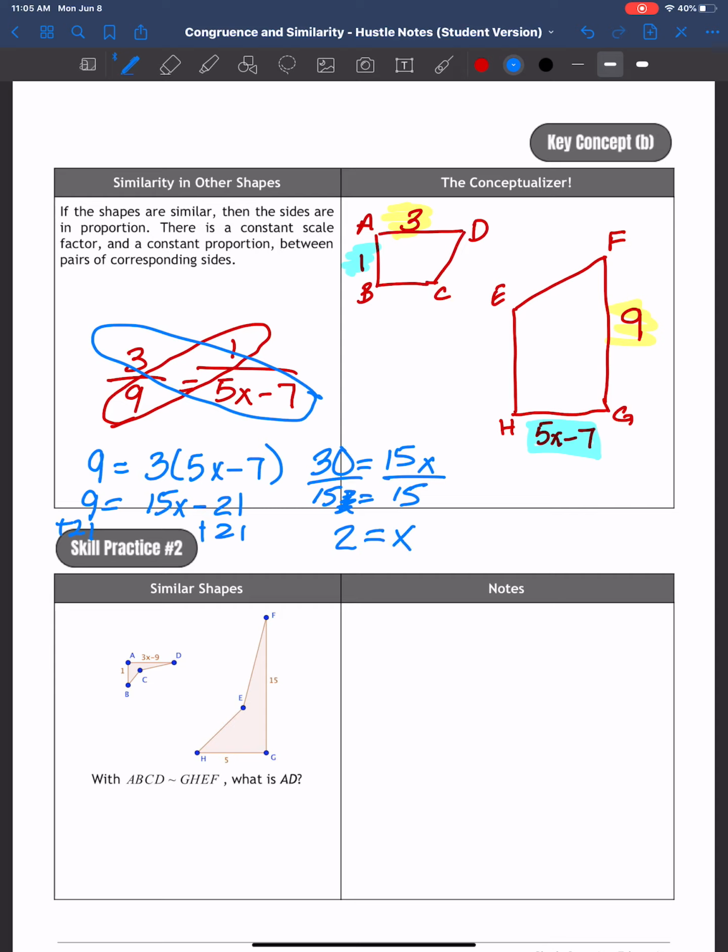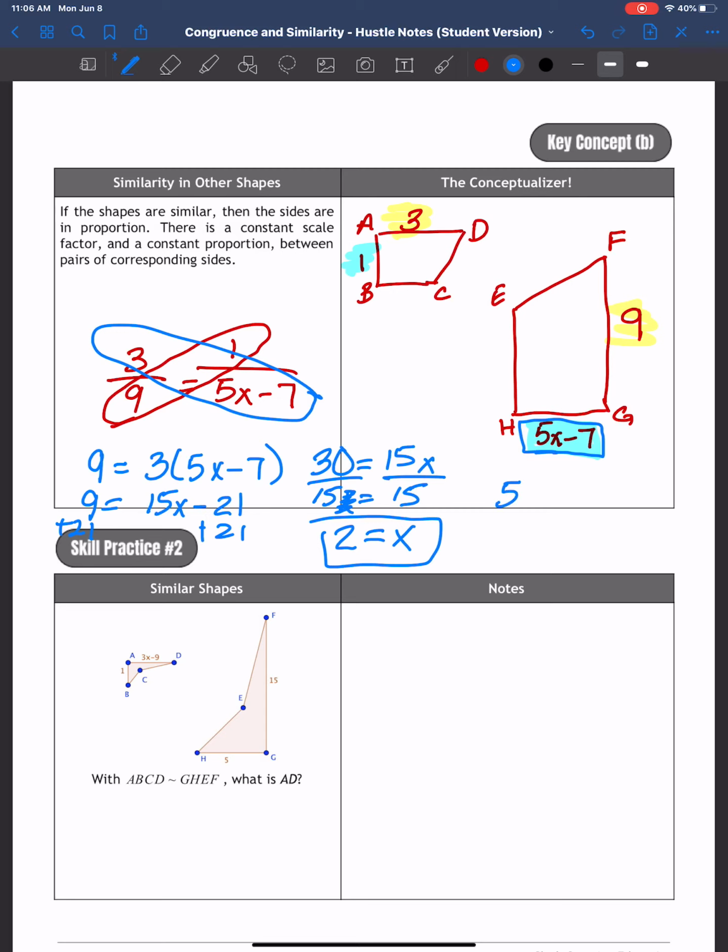Now that you have solved for x, you know what x equals. You have two options. Sorry, guys. So you can put in your x in this equation.